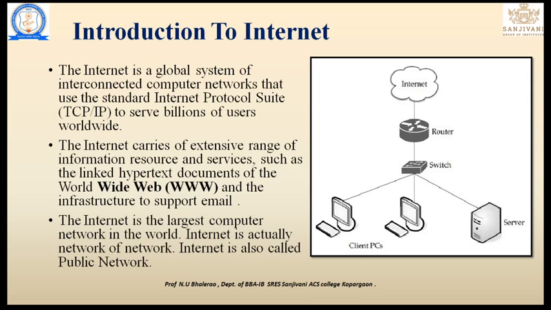So internet has n number of connections all over the world, so it is also called a network of networks, right? And everybody is accessing that network with devices, with their computer, laptop, or mobile. That is why it is also called a public network.